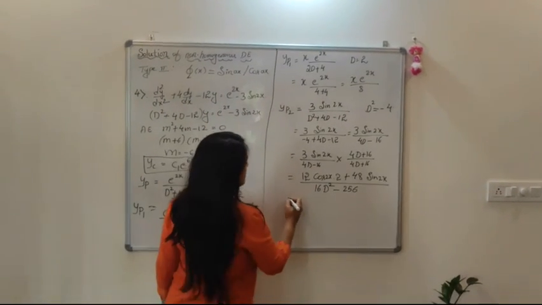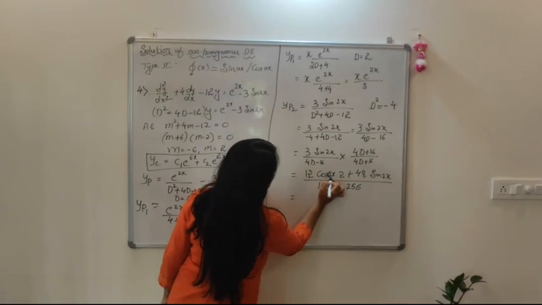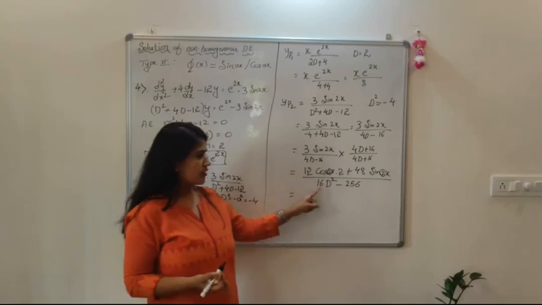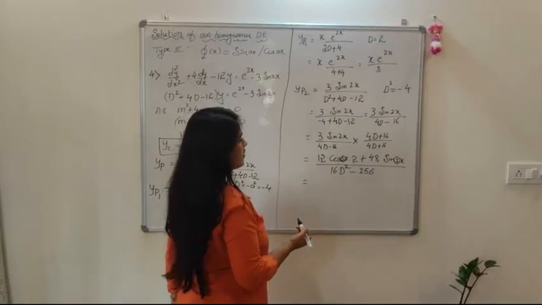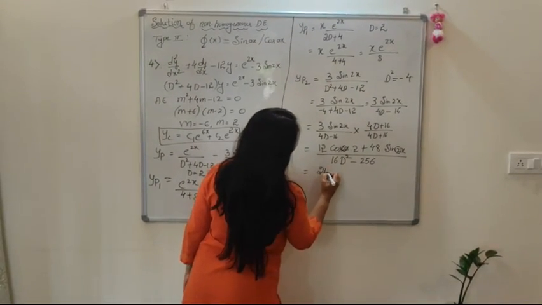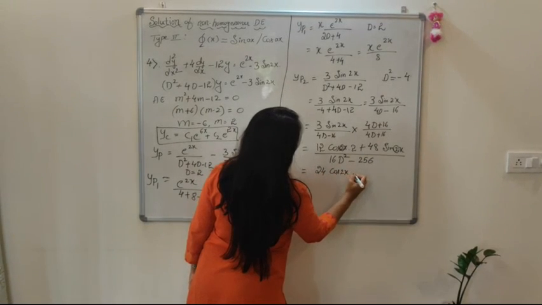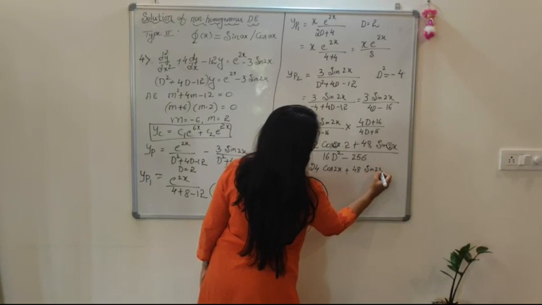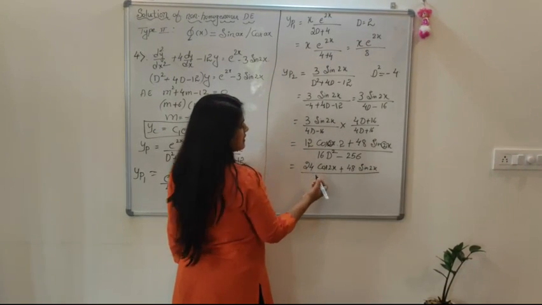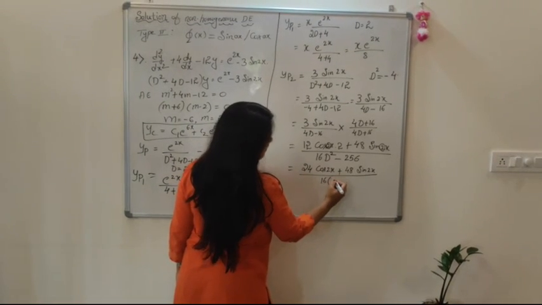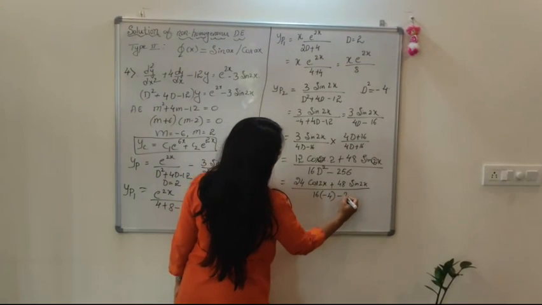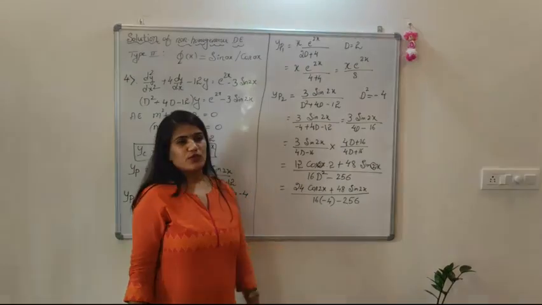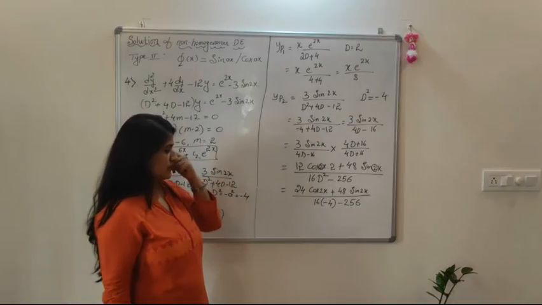Next, here you can observe that a is 2, and here also the x coefficient is 2. Both are the same, so it is not required to separate the denominator. Now 12 twos are 24 cos 2x plus 48 sin 2x, whole divided by 16 d square, with d square replaced by minus 4, minus 256. 16 into 4 is minus 64, minus 64 minus 256.